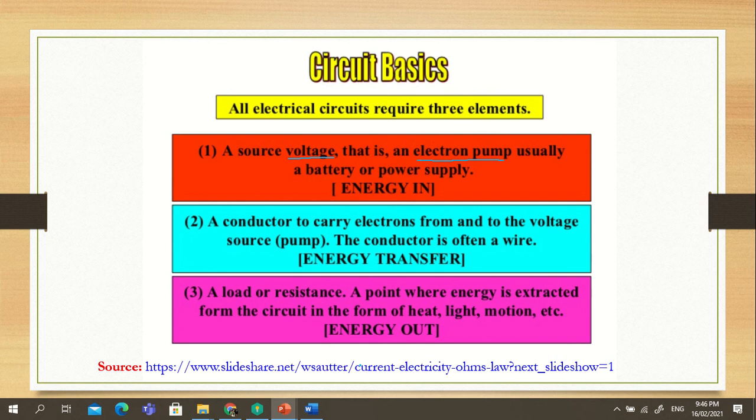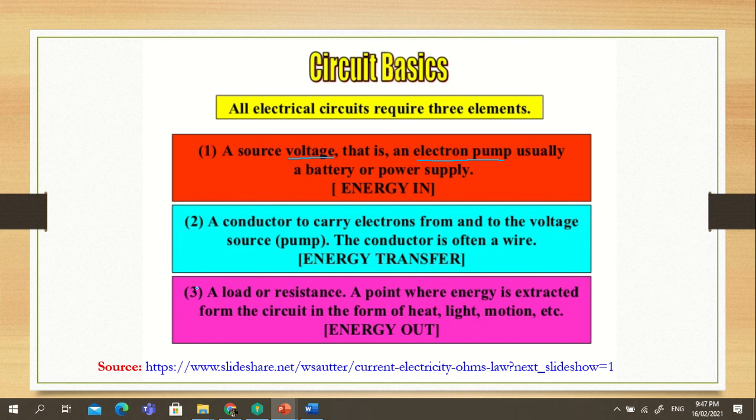It will just go round and round in a closed path. The conductor is often a wire. Here, there will be an energy transfer. So that is the scenario, class.